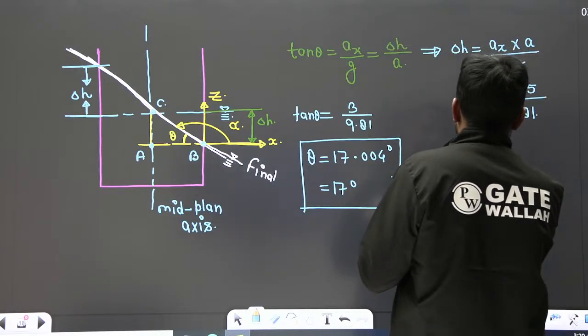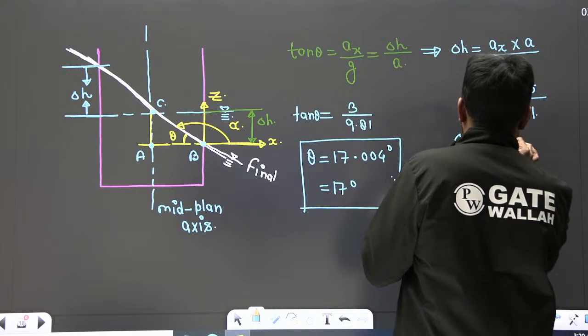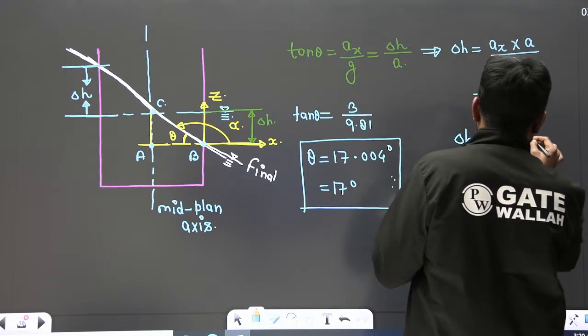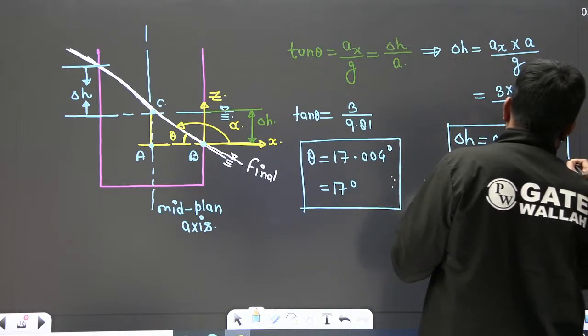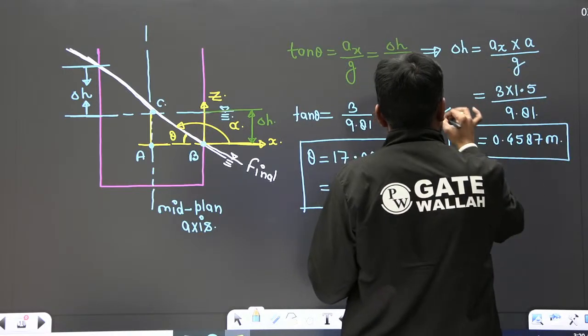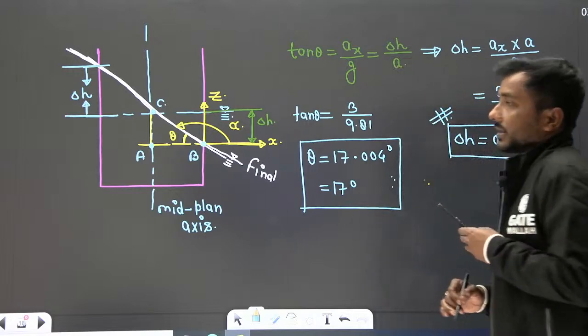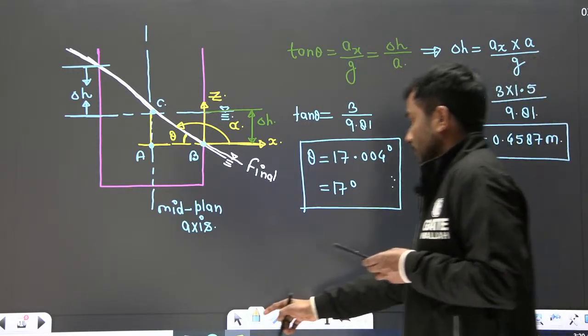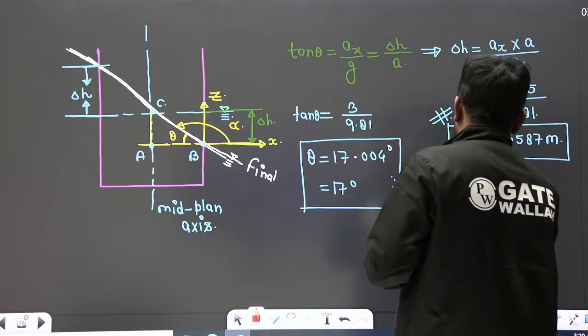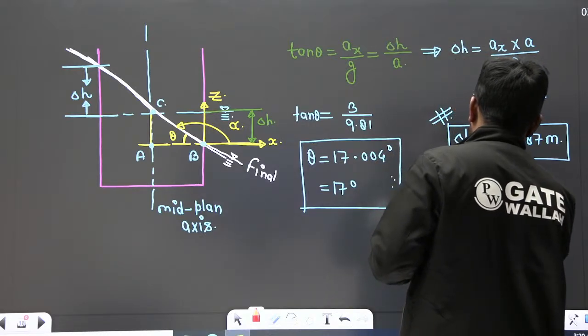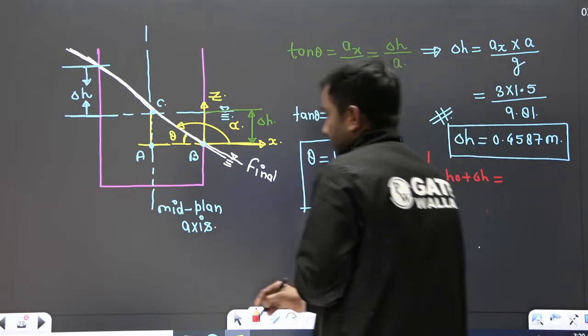So delta H is 0.4587 meter. This is the value of rise of the fluid on the back face. So what is the value of H naught plus delta H? H naught is given as 1.5.